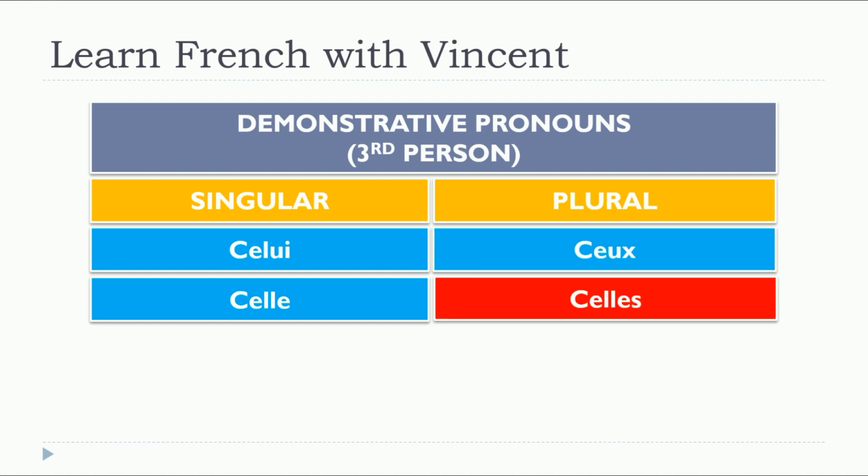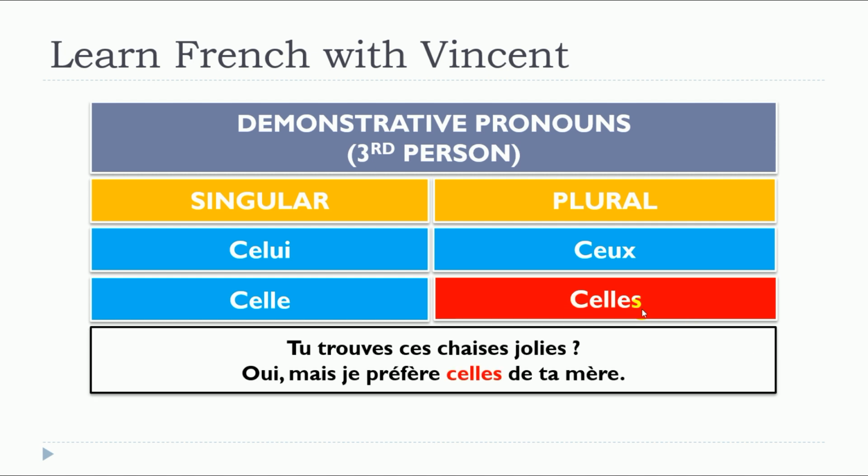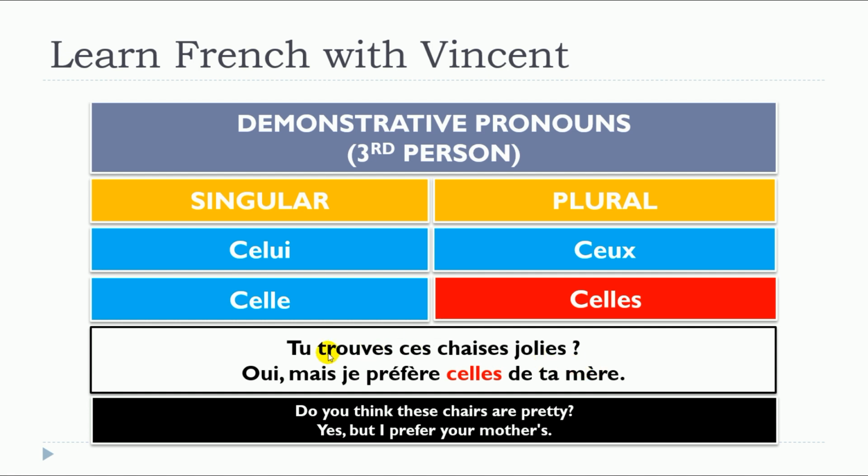And finally, let's have a look at the feminine plural, celles. Tu trouves ces chaises jolies? Oui, mais je préfère celles de ta mère. In that situation, the word is chaise. As you can see, chaise is feminine. We can see that with the adjective jolies because we've got the feminine form here. So chaise is a feminine word.